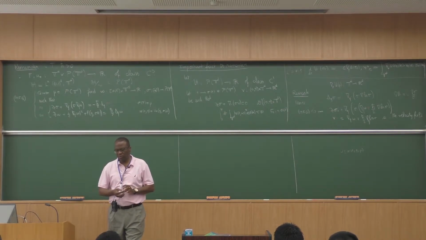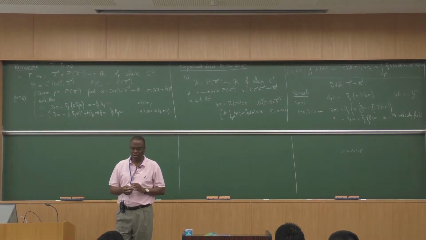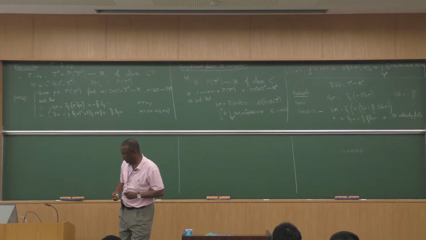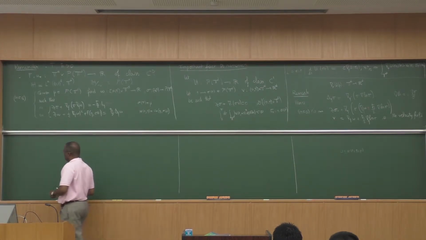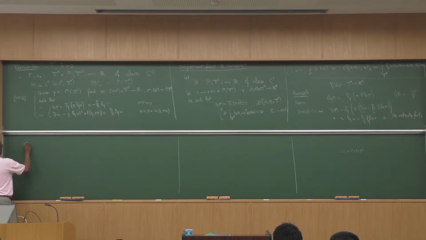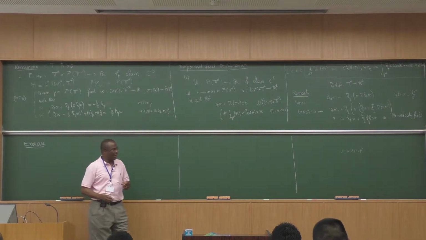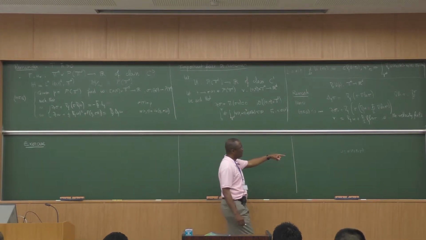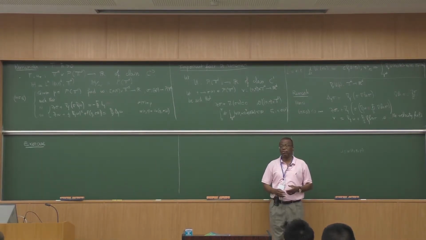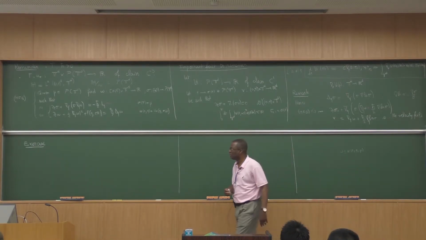And let us do some heuristic, some formal computation to see if such a u will exist, what equation it will have to satisfy. And that equation is the master equation.